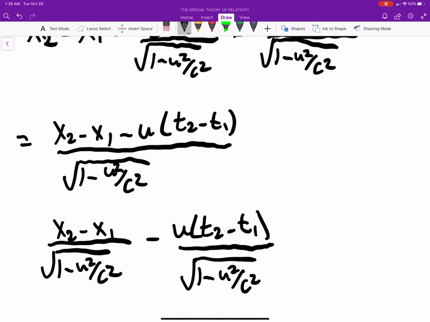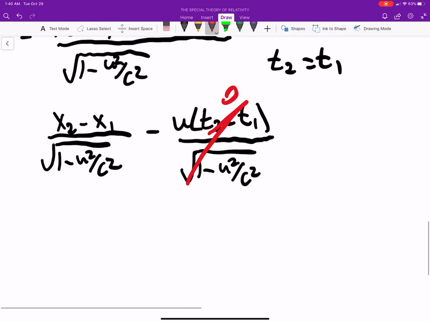And let's remember real quick that t2 should equal t1, right? Because we want the two lights to go off at the same time. So for that to be true, which it is, this is 0, which means this whole thing is 0.